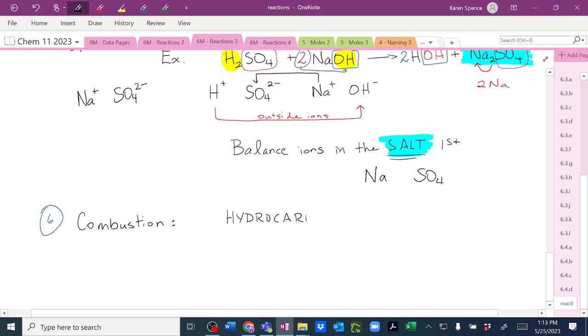which is a compound that contains which 2 elements? Hydrogen and carbon. So we usually write the carbon first, almost always. C, and we don't know how many. And we have H, we don't know how many.